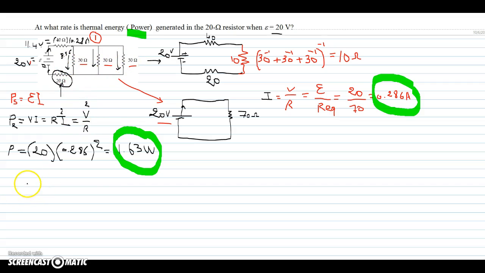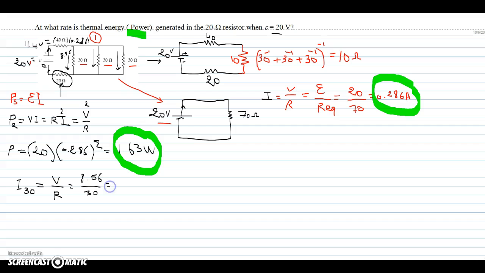Now I can find the current in every branch. The current in the 30, let's call it I30, is the voltage over R. The voltage happens to be the same, 8.56, divided by R30.